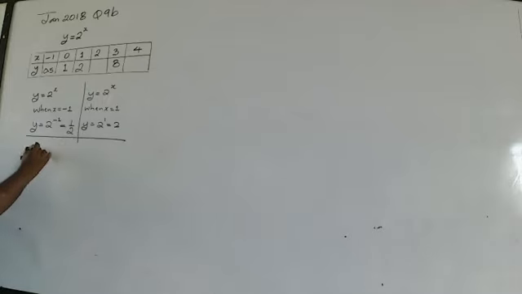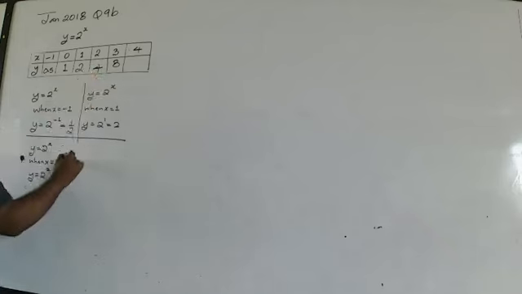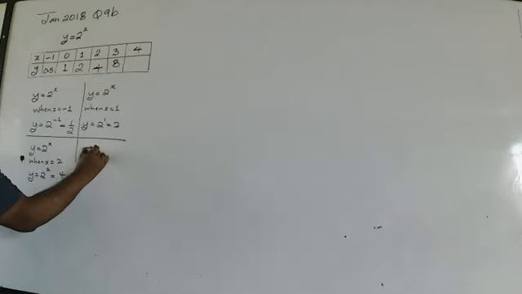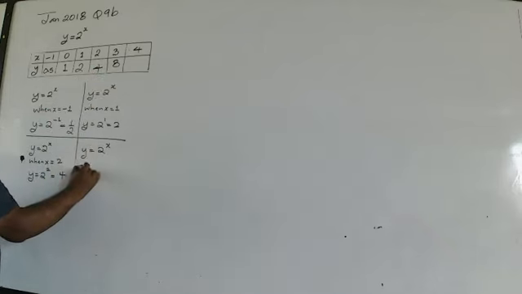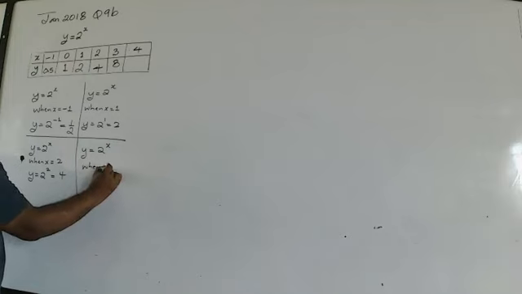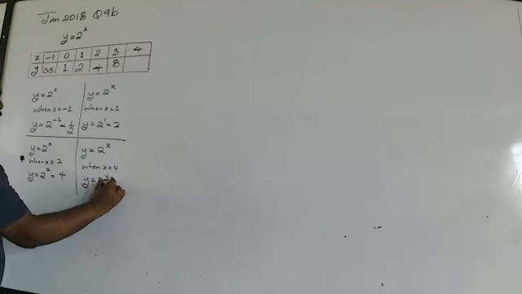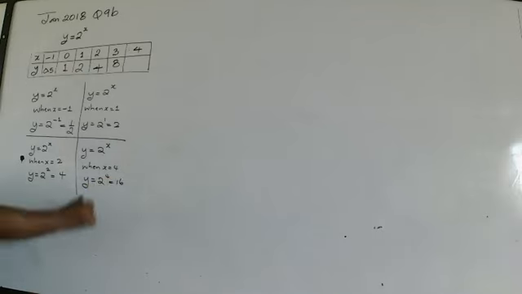When x is equal to 2, y is equal to 2 squared, which is 4. Lastly, when x is equal to 4, y is equal to 2 to the 4, which is 16. The value here is 16.